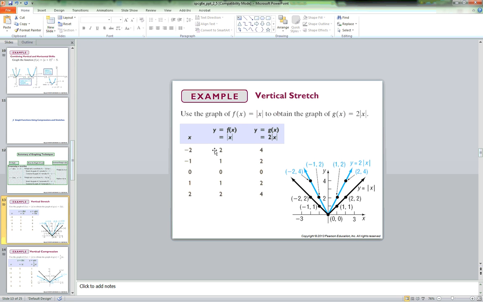Our vertical stretch: if we take our absolute value parent function, and this works for every function in our function library, and we multiply our function by 2 to get g of x. If you look, we start out with this absolute value function. I definitely want you to have this in your notes. A 2 multiplied by the function absolute value of x will stretch our absolute value function vertically.